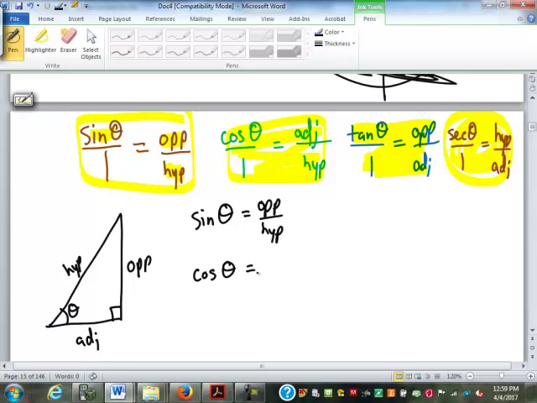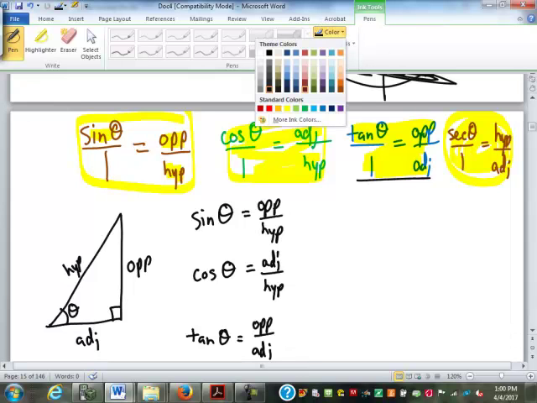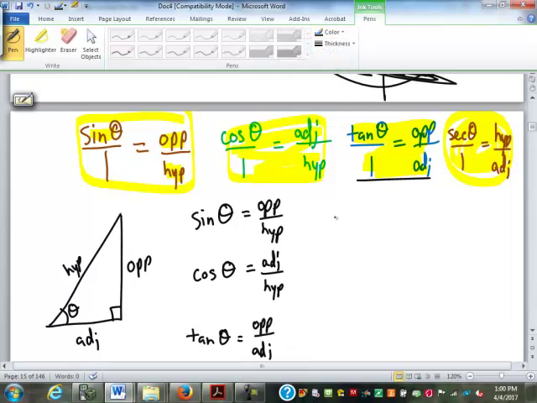The cosine of an angle is equal to the ratio of the length of the adjacent side divided by the length of the hypotenuse. And the tangent of an angle is equal to the length of the opposite side divided by the length of the adjacent side. We just saw that the secant of an angle is equal to the length of the hypotenuse divided by the length of the adjacent side.